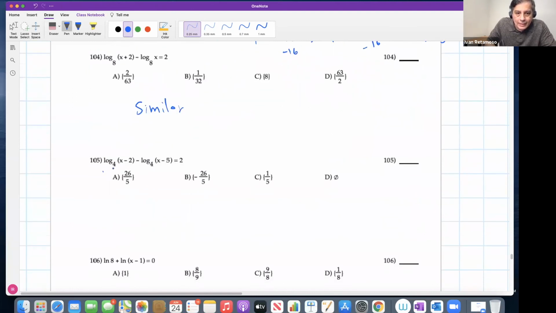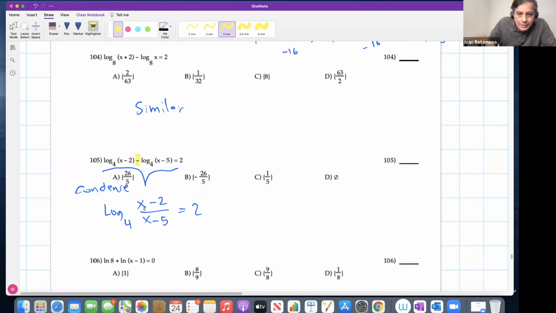So condense this, but now using the quotient rule in reverse. This guy on the numerator, this guy on the denominator, right? That equals 2, right? And I'm using division because this is subtraction, right? It's because of this, right?